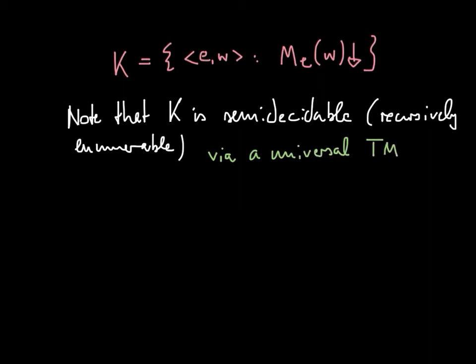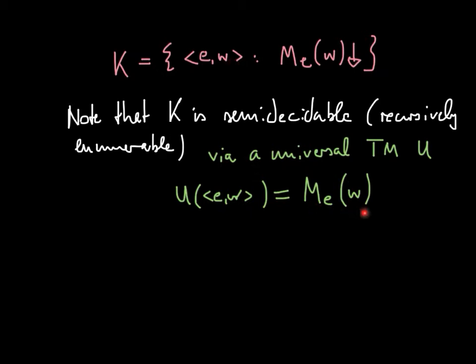So Turing machine U, right? Recall a universal machine on input E, W, coded as a pair, does exactly compute the eth machine on input W. So if this halts, then E, W, the pair, is in K, but this means U halts on this input.